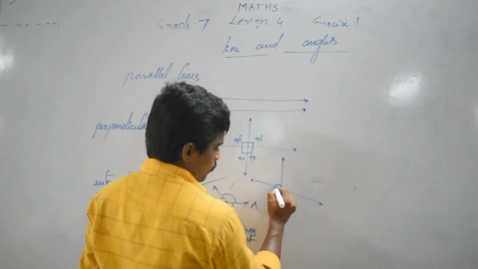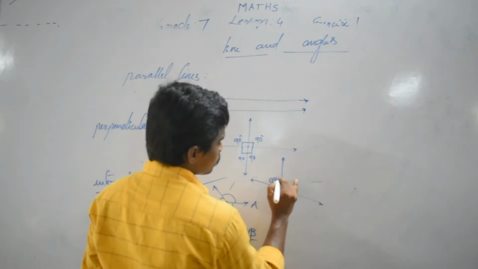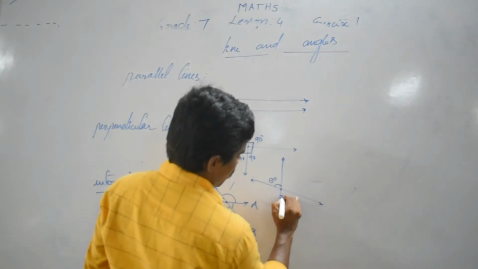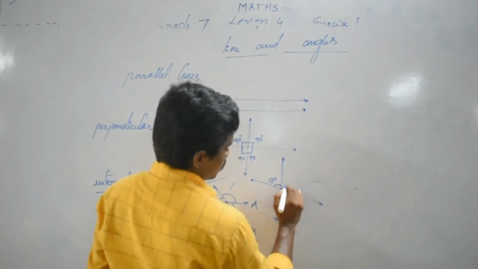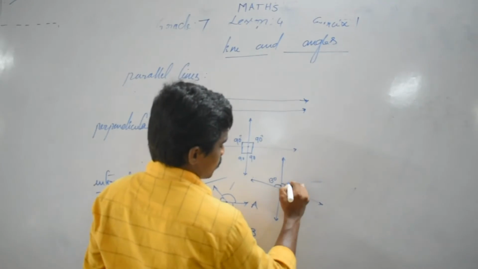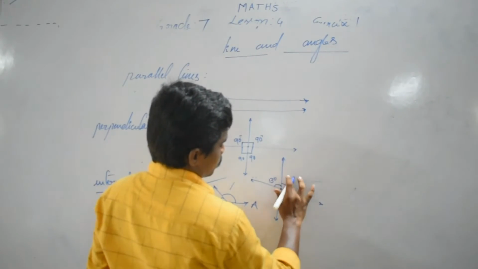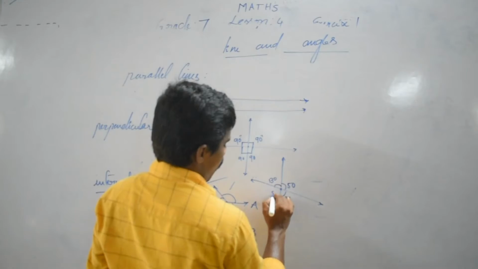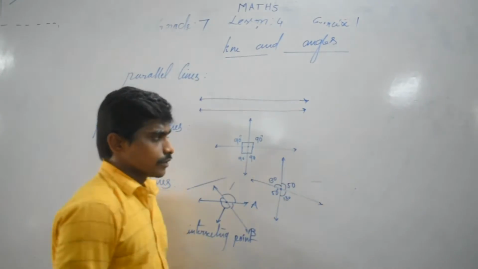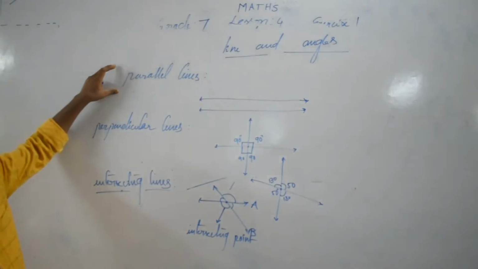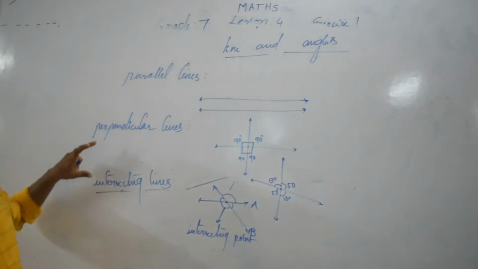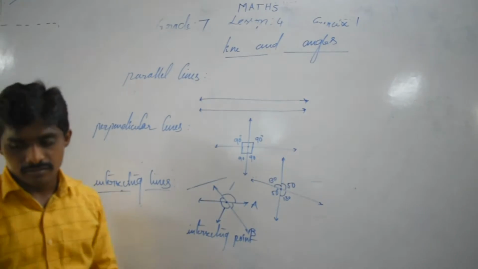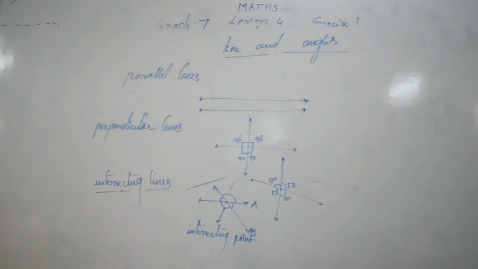Here it is 130, so the opposite is also 130. Automatically here 50, and the opposite 50. So perpendicular lines, intersecting lines.